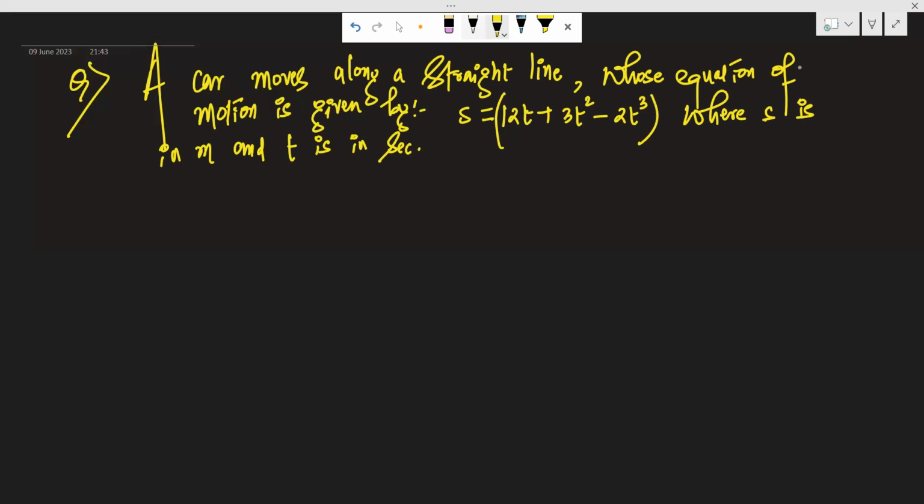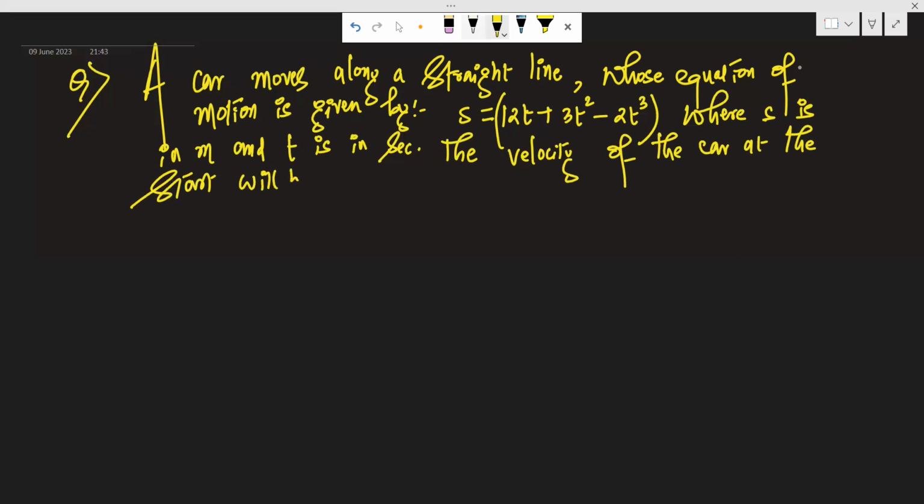The question is, the velocity of the car at the start will be, at the start means which moment? Tell me. Starting means which point of time, which instant of time?